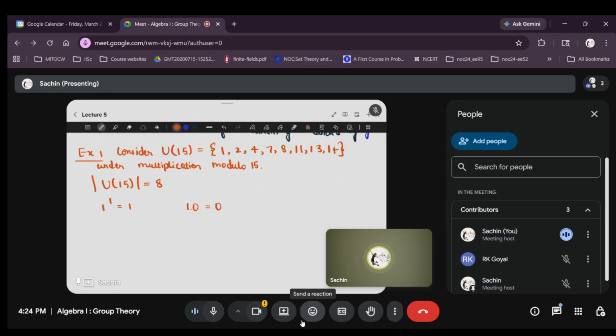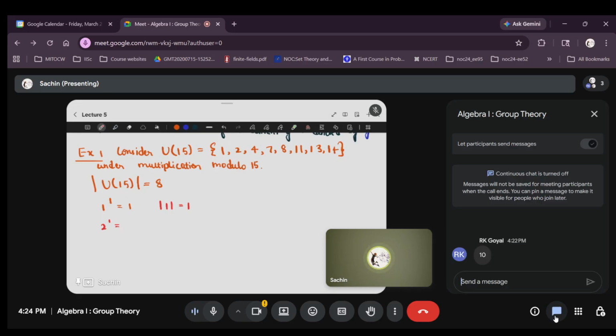So 1 is always the order of the identity element. Then to find the order of any other element, you simply take the powers of that element until you get the identity, or you show that you can't get the identity.